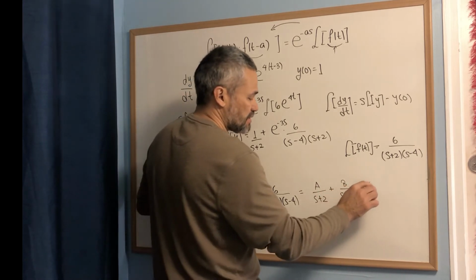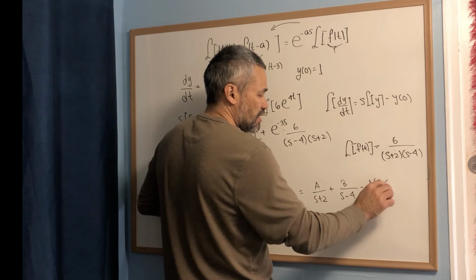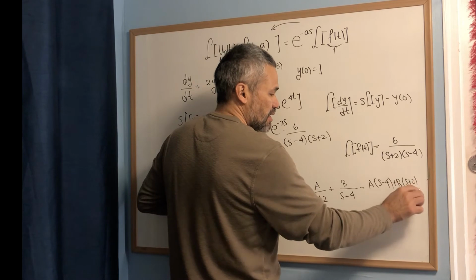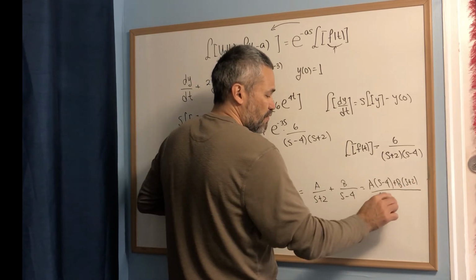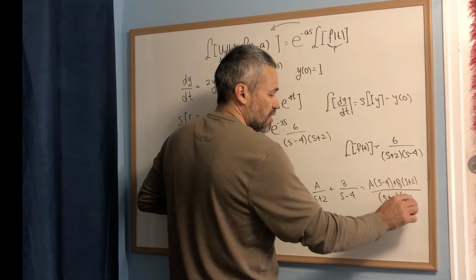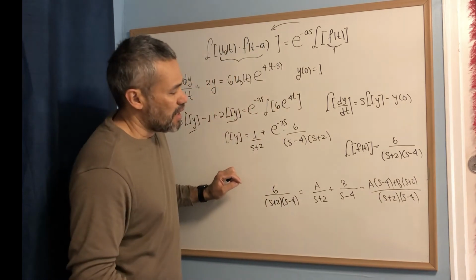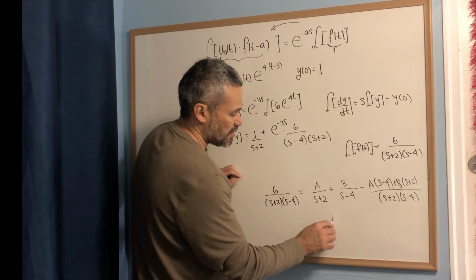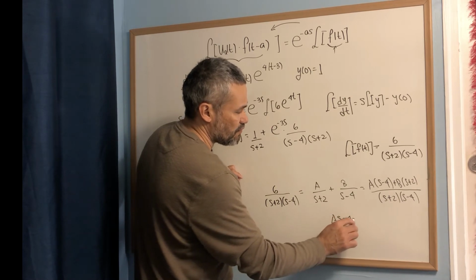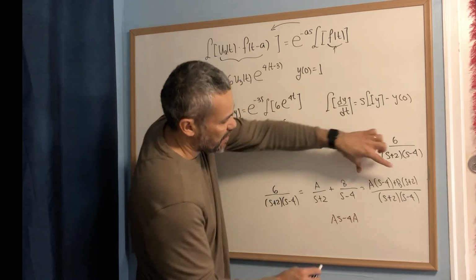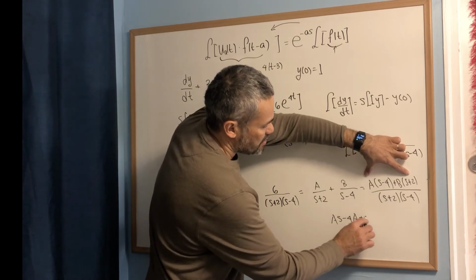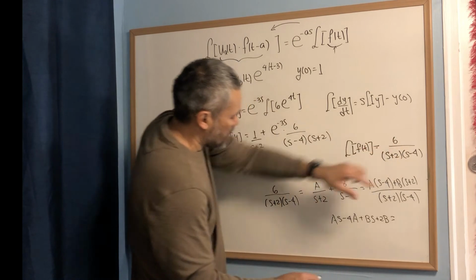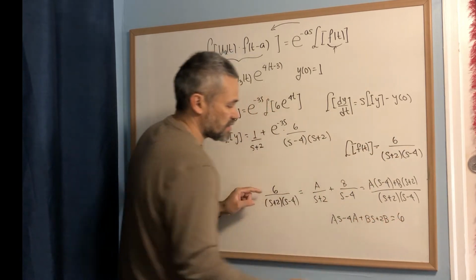And then this is just a times s minus 4 plus b times s plus 2, over s plus 2 times s minus 4. And then when we compare, we want as minus 4a, I'm expanding this, plus bs plus 2b, and we want that to be equal to 6.